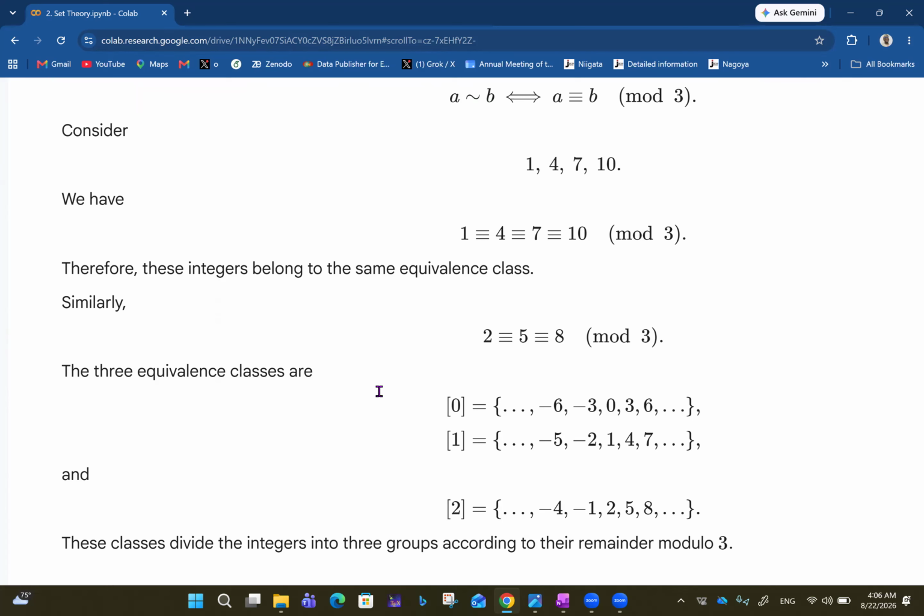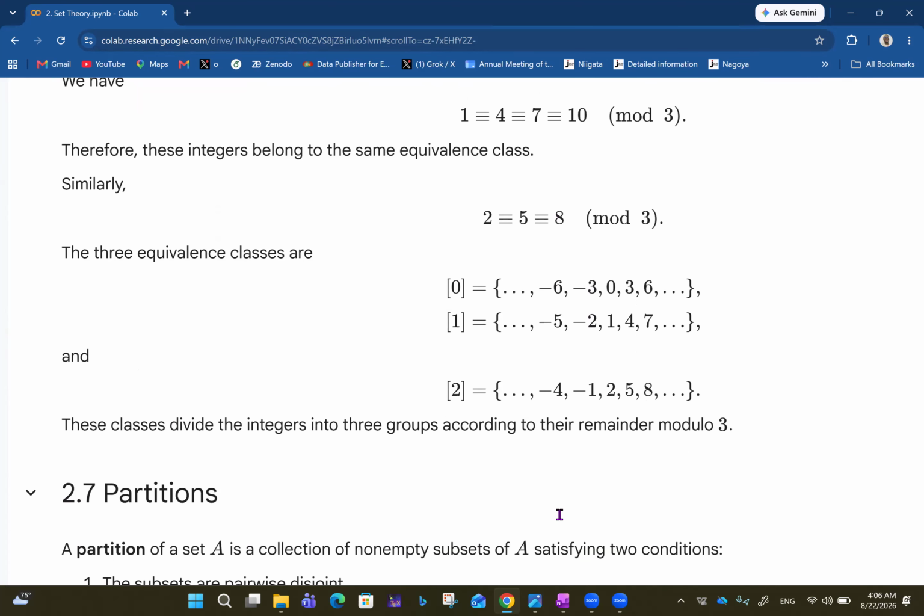So the equivalence classes are: for 0 you have -6, -3, and so on; for 1 you have all of these; for 2 you have all of these also. These classes divide the integers into 3 groups according to their remainder modulo 3. When you divide any number by 3, for the numbers that divide perfectly, you have 0. The other ones are 1 and 2.